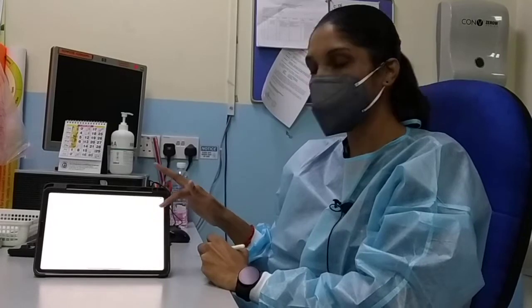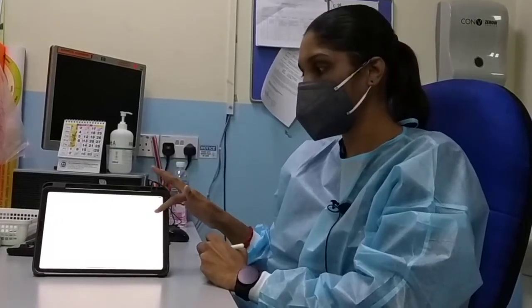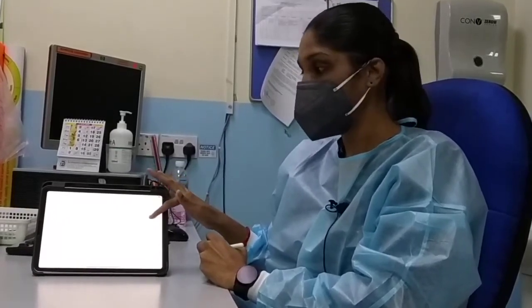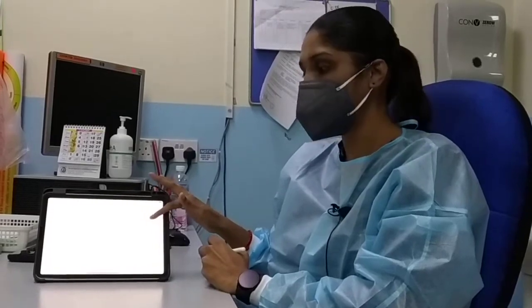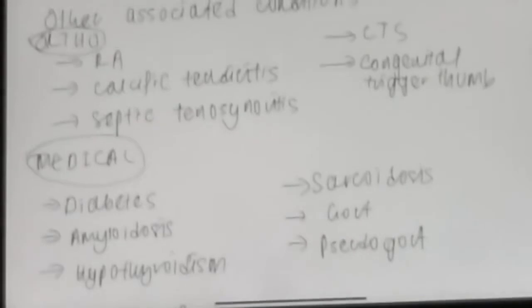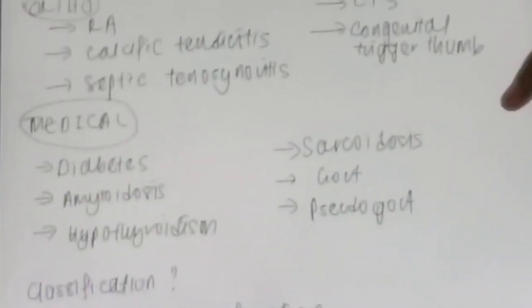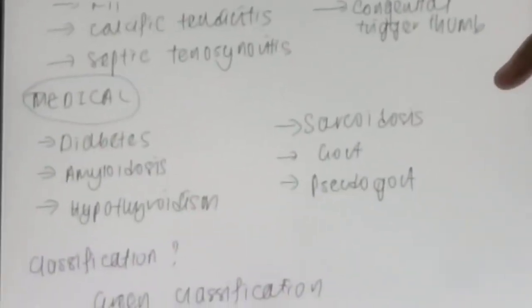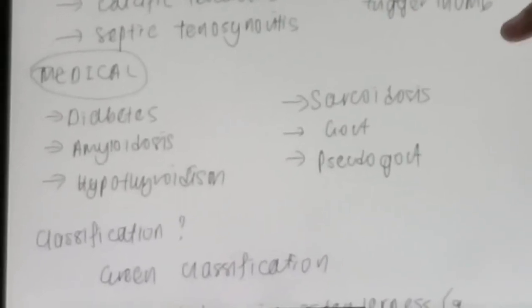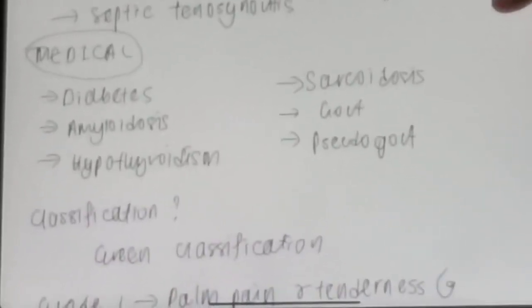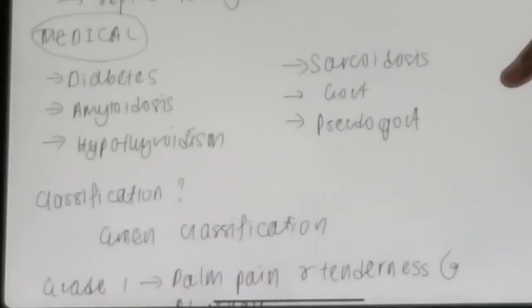Other associated conditions, orthopaedic wise: rheumatoid arthritis, calcific tendinitis, septic tenosynovitis, carpal tunnel syndrome, congenital trigger thumb. Medically, we can see diabetes, amyloidosis, hypothyroidism, sarcoidosis, gout and pseudogout.